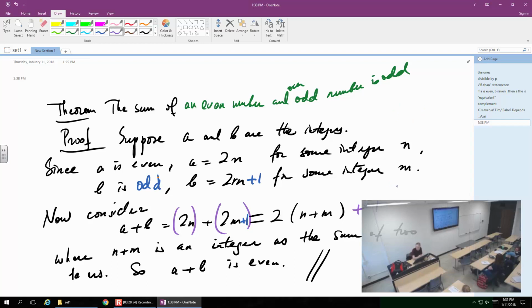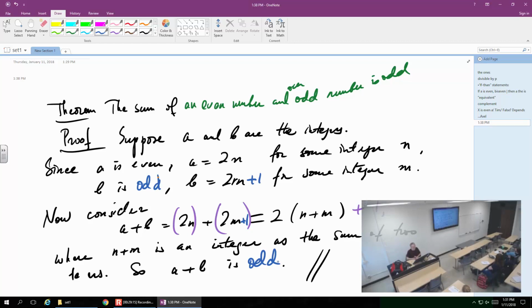Odd, right, because n plus m is an integer as the sum of two integers, so 2 times (n plus m) plus 1 is odd. So if you put some effort into a proof, then there are always ways to produce more proofs from it, if it's just done carefully.